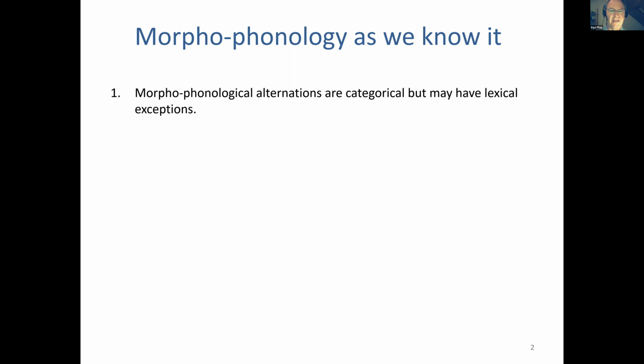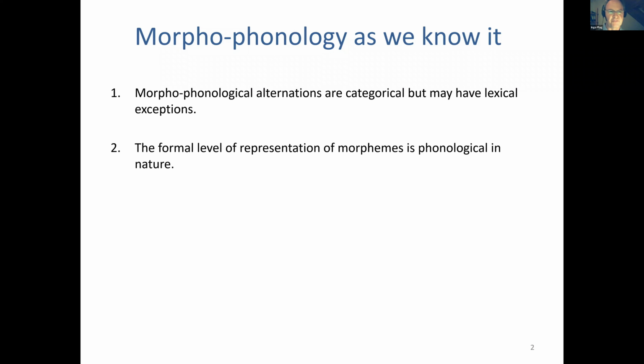So what are we talking about? Where do we come from? The way I was brought up is the following. There was no morpho-phonetics. There was only morpho-phonology or morpho-phonemics, as it was called. And there are three tenets of this morpho-phonology business. The first is that morpho-phonological alternations are held to be categorical, but may have lexical exceptions.